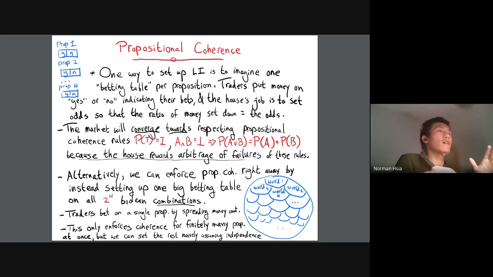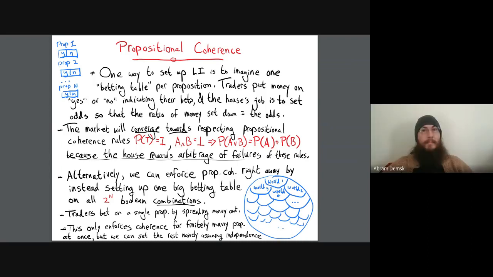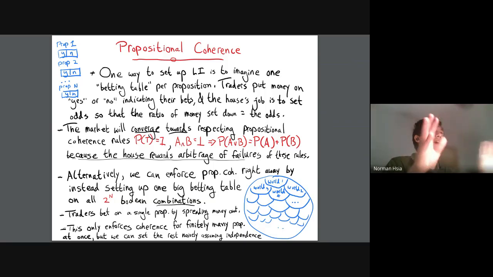At least I'm not sure about the latter case either. But what I know is that converging towards respecting propositional coherence is a property of the original logical inductor, because if it doesn't do that, then it will lose an unbounded amount of money by a trader continually arbitraging on those A and not A.